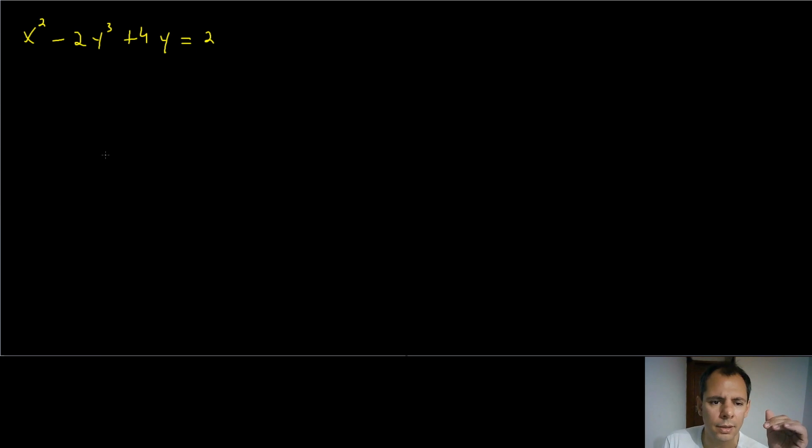Let's try to isolate this. So you have minus 2y cubed plus 4y equals 2 minus x squared.